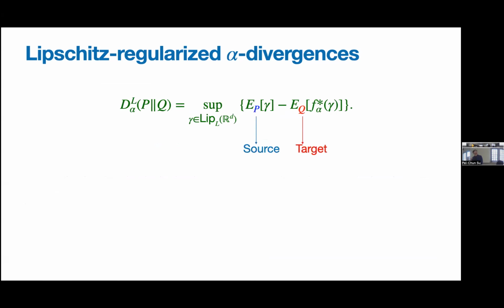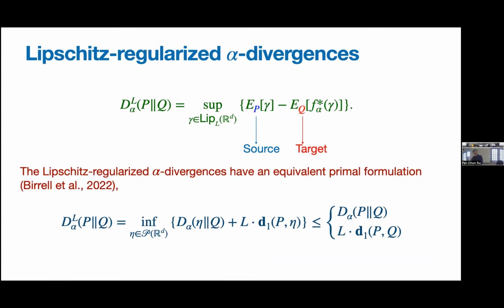You can view P as the generated or source distribution and Q as the target distribution. It has been shown that this Lipschitz regularized alpha divergence has an equivalent primal formulation. It's basically the infimal convolution between the alpha divergence and the Wasserstein 1 metric.